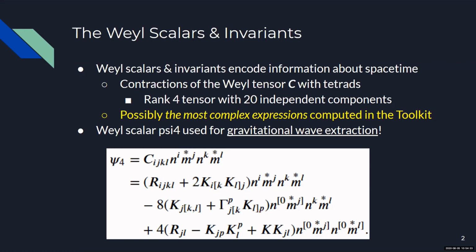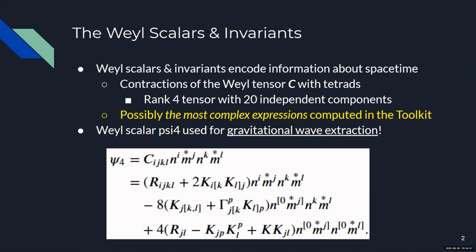So yeah, it's related to the Riemann curvature tensor. While the Riemann curvature tensor encodes information about the volume and shape of a body, the Weyl tensor really only encodes information about the shape of a body. It has the same symmetries as the Riemann curvature tensor, which gives it 20 independent components that will need to be coded.